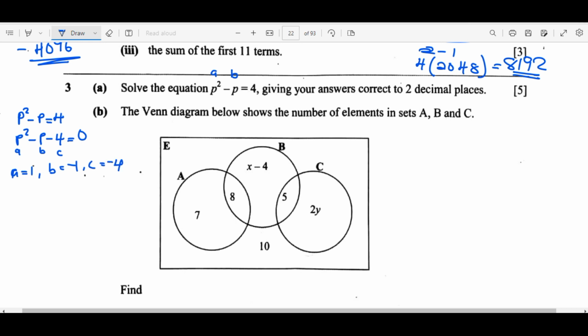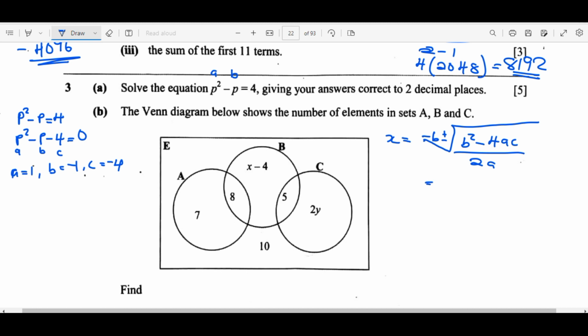So we can now solve. The formula for the quadratic function is there on the formula sheet, so you just have to copy it: x equals negative b plus or minus the square root of b squared minus 4ac, all over 2a. In this case we can substitute now.